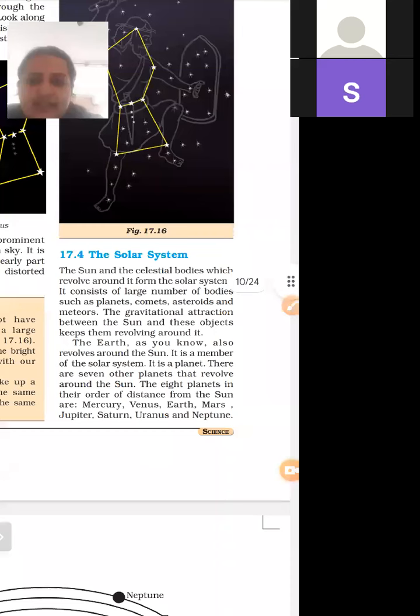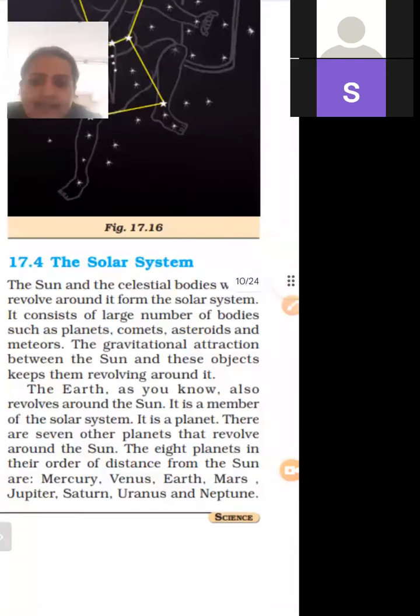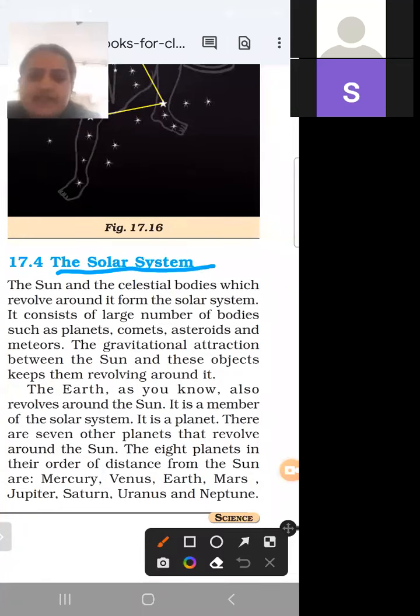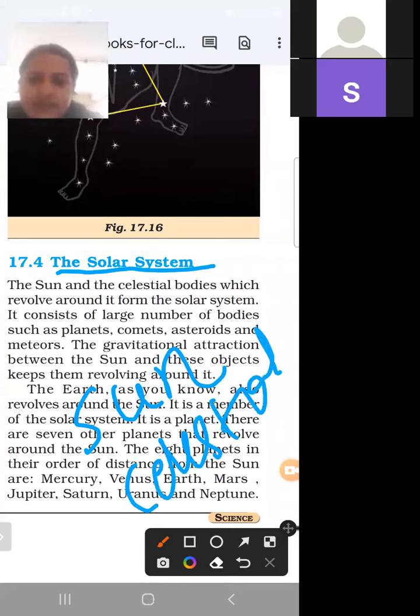Next our topic is the solar system. In the solar system, the sun and the celestial bodies which revolve around it form the solar system.